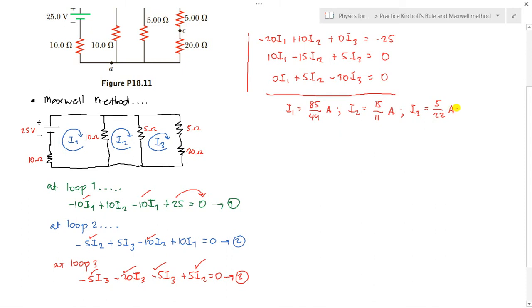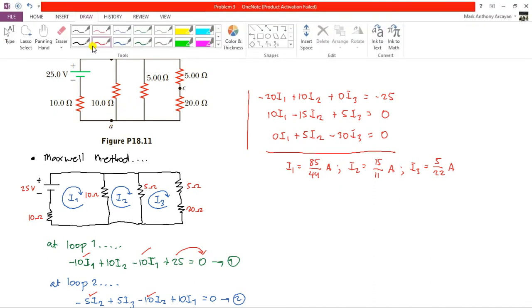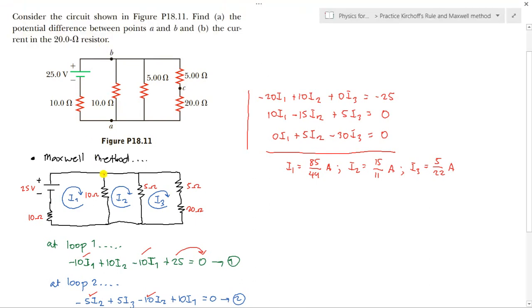Here class, pata sa ato ang required. Atong required una is the potential difference daw between points A and B. So, in our diagram, ang points A and B is located here, between this 10 ohm resistor. Okay, unsa ray voltage nga dira?